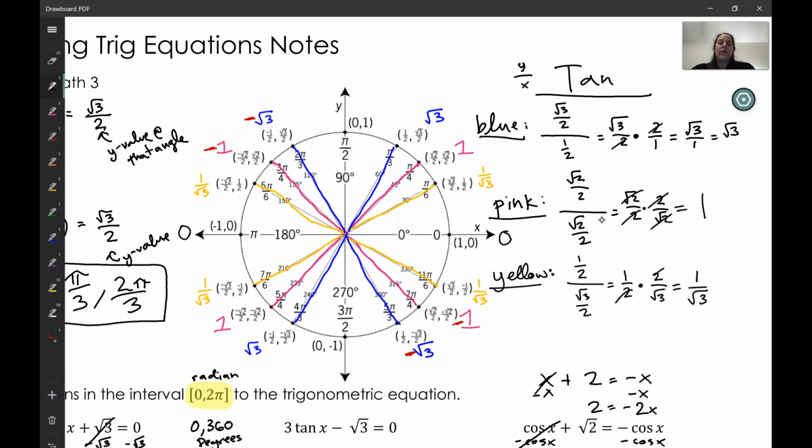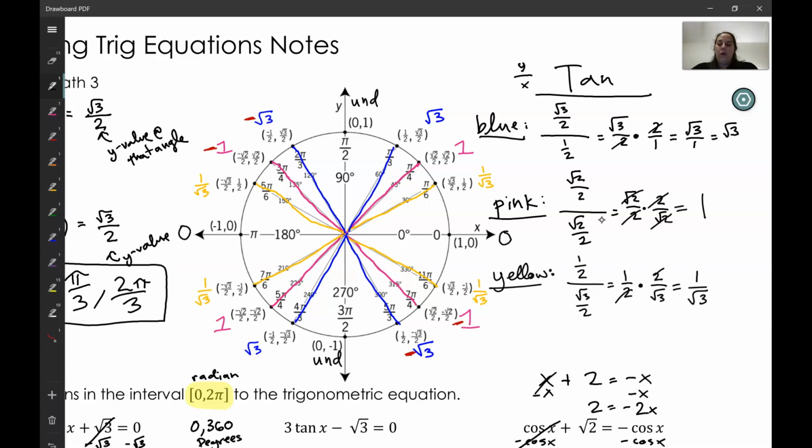So those are the tangent values for 0 and pi. Now let's look up here, y divided by x, so 1 divided by 0, that's undefined or does not exist. So same with down here, negative 1 divided by 0, still undefined. So the tangent values for pi halves and 3 pi halves are undefined.